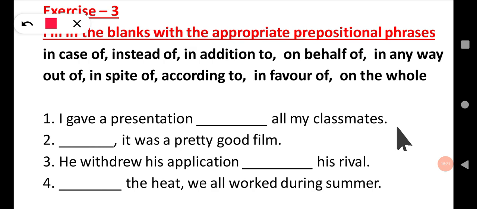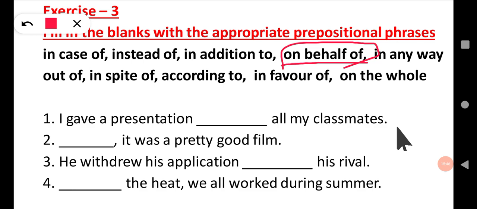I gave a presentation on behalf of all my classmates. See, you have class leaders, right? On behalf of everyone's request, they go and request the class in charge or the principal. So they do something on behalf of the whole class. So this is the first one.